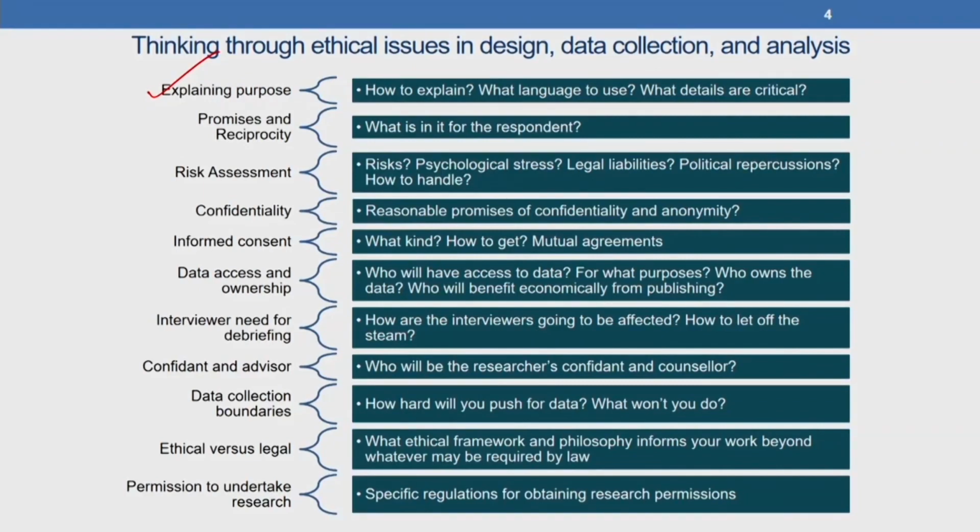The second is that of promises and reciprocity. In this we ask what is in it for the interviewee, the respondent or the participant or the subject who is the subject matter of your inquiry.